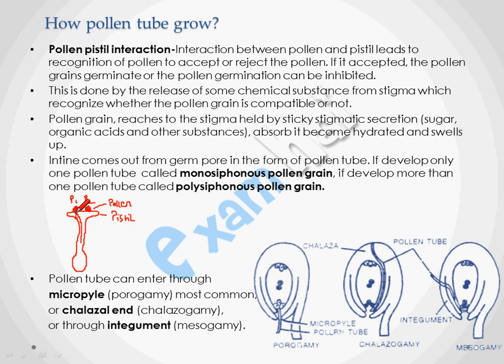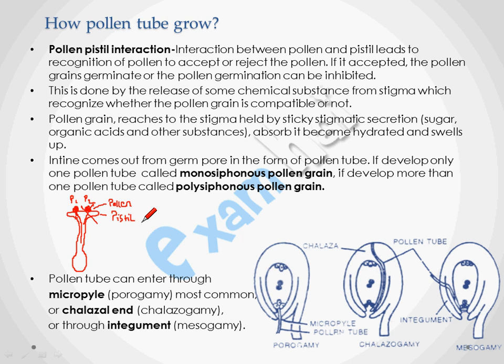But if it does not recognize it, for example if this stigma does not recognize pollen 2, then it will inhibit its growth. So this is the pollen and pistil interaction, and it is done by the chemical substances released from the stigma.